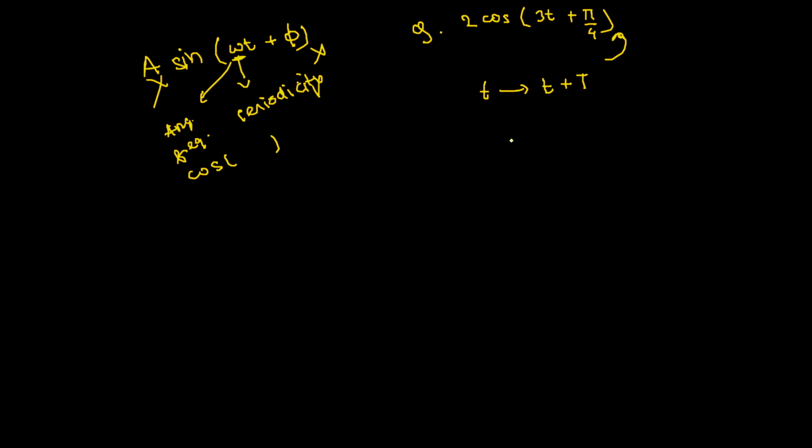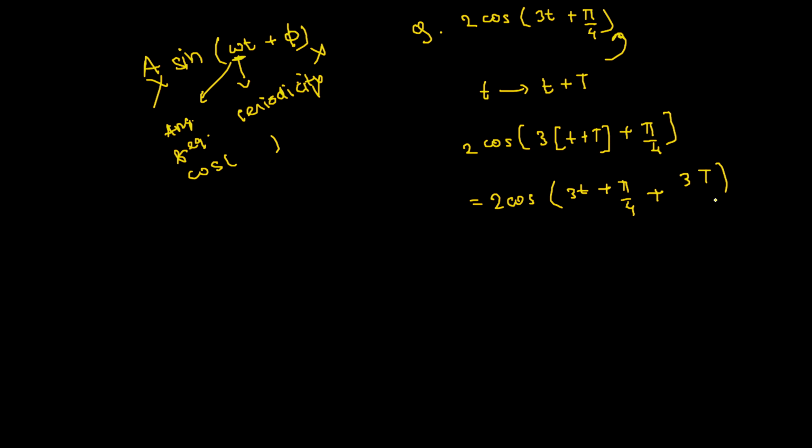So let's replace that. 2 cos of 3 into t plus T plus pi by 4. So I get 2 cos of 3t plus pi by 4 plus 3 into capital T.